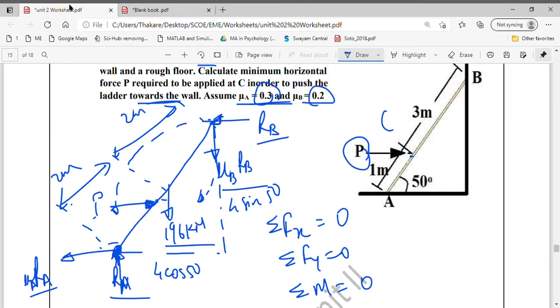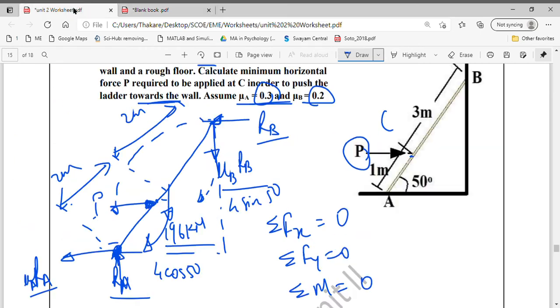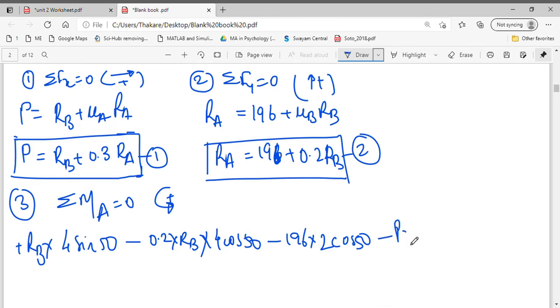This will be going in clockwise direction, so minus 196 into 2 cos 50, so its adjacent will be 2 cos 50, and at last you have a force of P acting at a distance of 1 meter, so this distance will be 1 sin 50, and this is going in clockwise direction, so minus P into 1 sin 50 equals to 0.